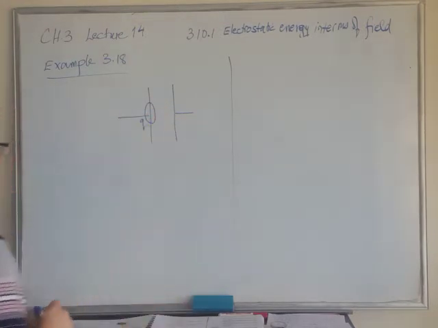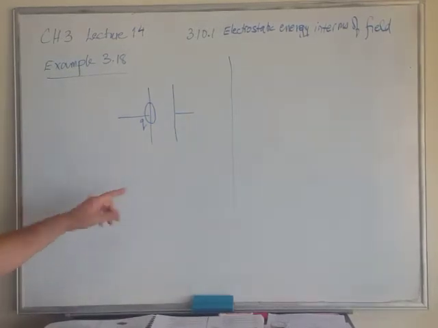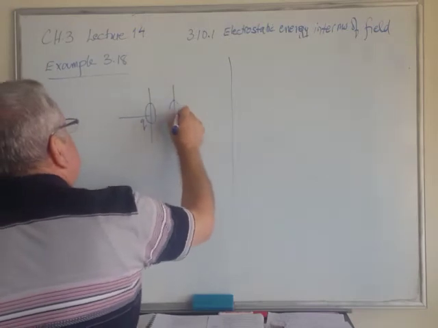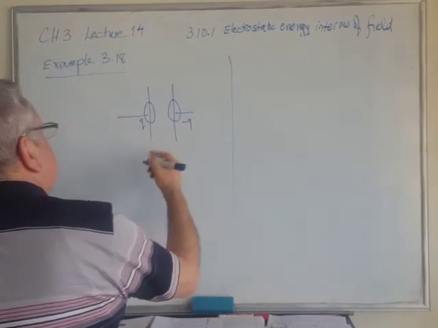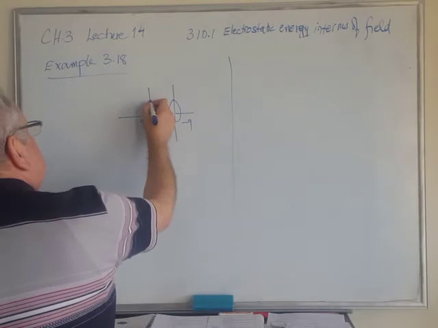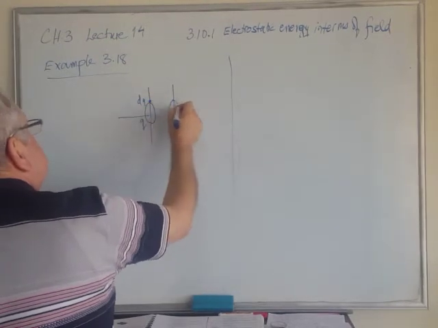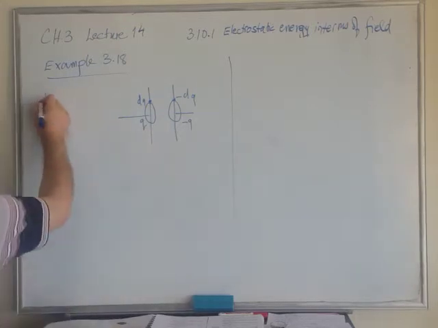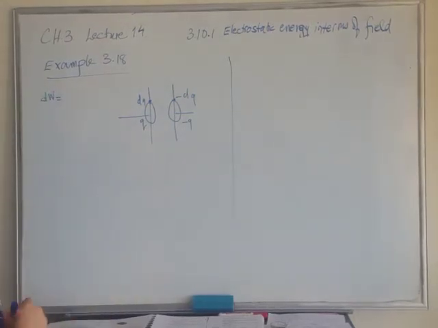If the charge collected during the charging process is Q at one plate and minus Q on the other, then starting from this situation, if you want to add a dq here and a minus dq there, then you need an element of energy, which is what?